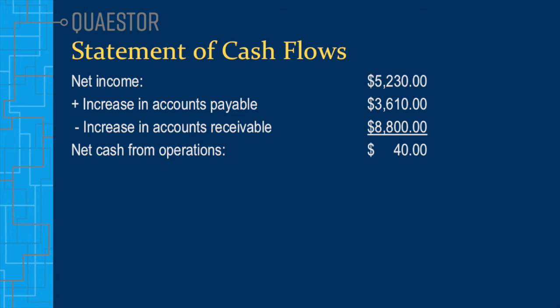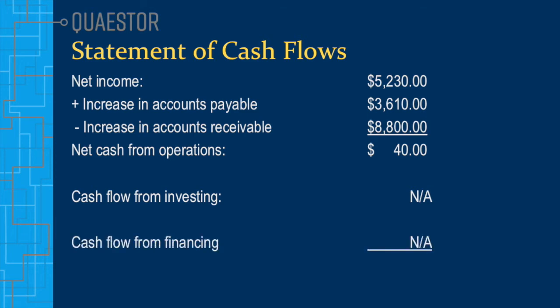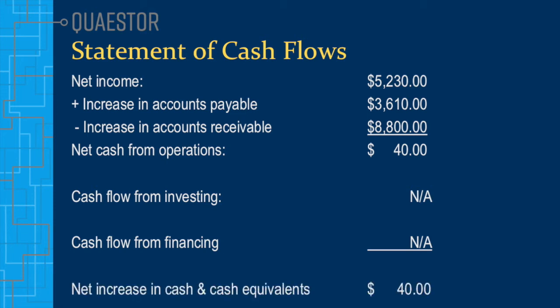Now there are two other components to a typical statement of cash flows, and those include the cash flow from investing and a cash flow from financing, which for most chapters, if not all, will not be relevant. So from a statement of cash flows, and I know this is a very basic example, we have our net income plus our increase in accounts payable minus our increase in accounts receivable to give us the first component of the statement, which is net cash from operations, which is $40.